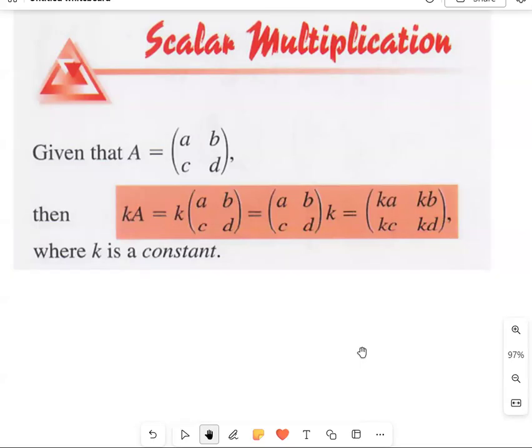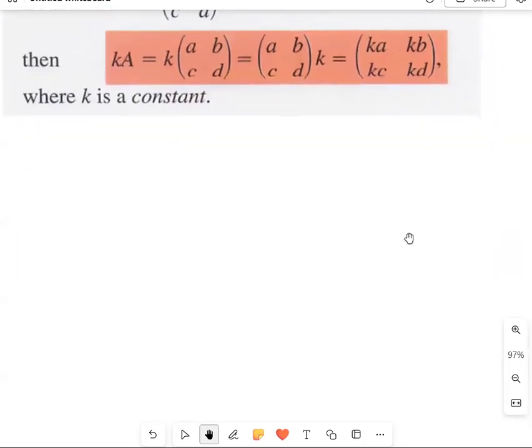And to do scalar multiplication, you simply multiply the number in front by everything in the bracket. That's what you're seeing here. Maybe we can do a little example.